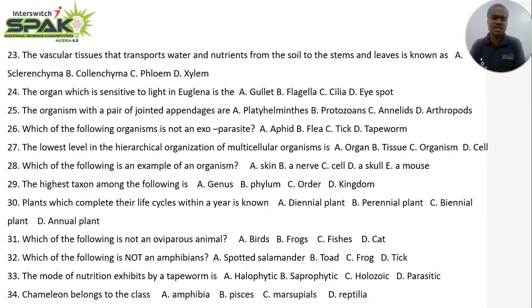Chameleon belong to the class A, amphibia. No. Pisces, no. Pisces are fishes. Marsupials are animals whose babies complete their development inside a pouch that is attached to the body of the mother. Mammals are grouped into 3 classes.